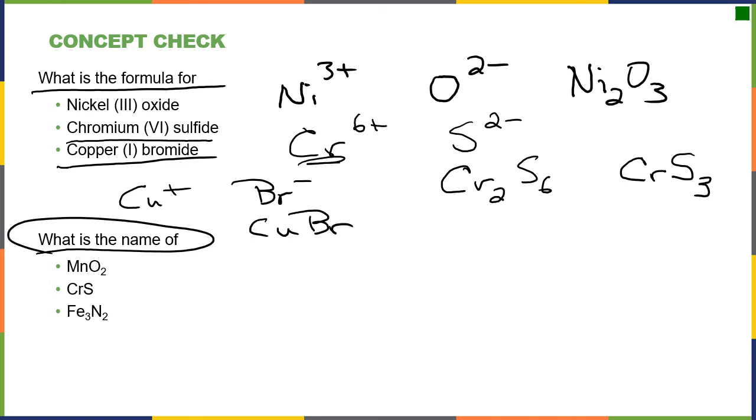So what is the name on these guys? Well, in order to do these, remember we name the metal by the name of the element. So I have manganese, and then I have oxide. I ask myself, is this type 2? Yes, it's in the middle. It's not in group 1, 2, 3. It's not silver, zinc, or cadmium. So I need the charge in parentheses in Roman numerals.